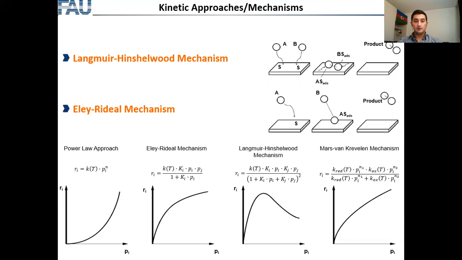For example, it is possible to see the difference between the dependencies of reaction rate on the partial pressure of different components versus the kinetic approaches which I provided here. In my study, I used the Langmuir-Hinshelwood mechanism and the Eley-Rideal mechanism.